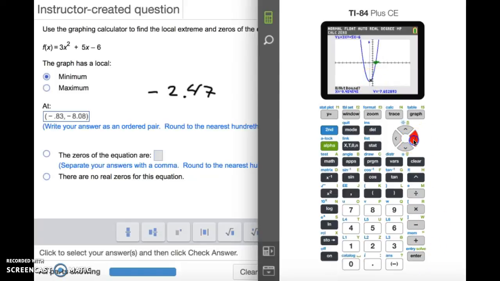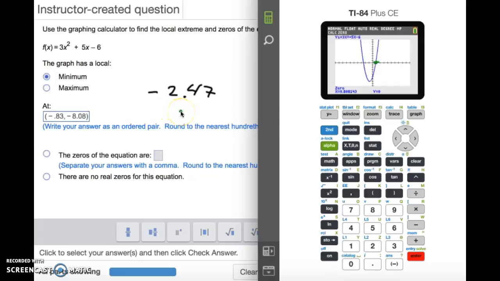Now I keep moving until I get to the right side, so I'm going to pass that 0. Press enter again. It has it sectioned off. There's a 0 somewhere in between there. And this time it tells me my 0 value is at 0.81.